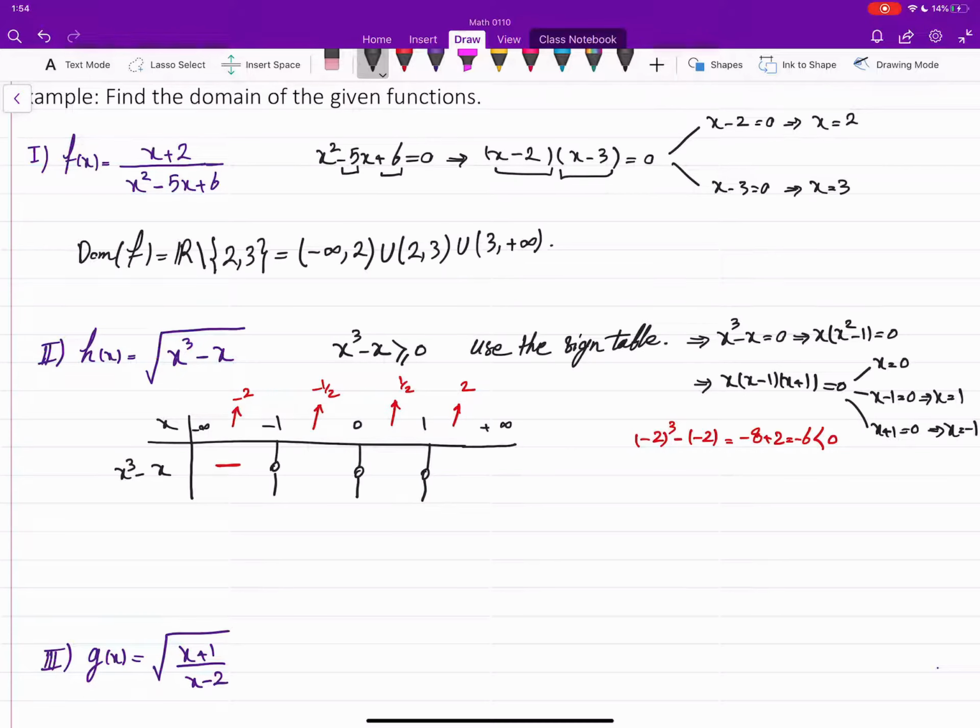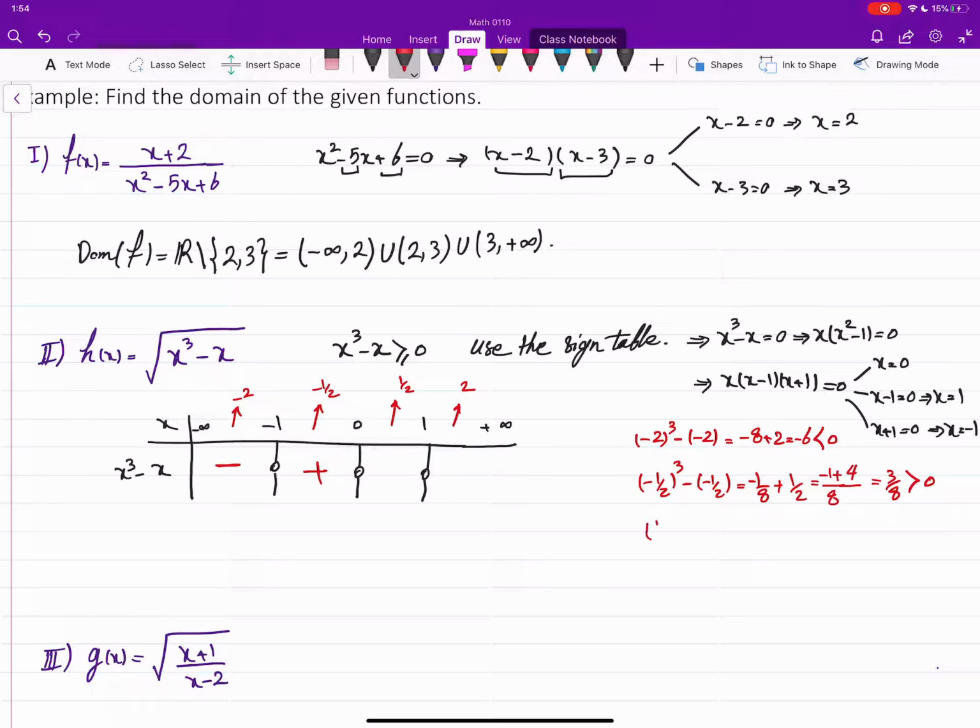Now plug in negative 1 over 2: negative 1 over 8, negative of that, plus 1 over 2. Find the common denominator here. You notice that we are getting a positive number, 3 over 8. So this piece will be positive.